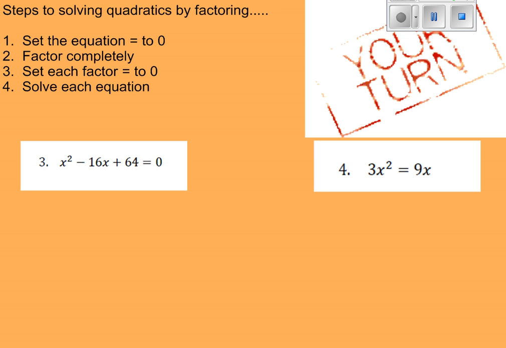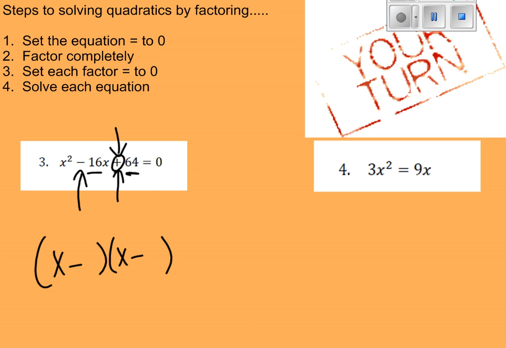So let's take a look at this one. x squared minus 16x plus 64. This plus right here tells me my answer is going to be x minus something and x minus something. This tells me that it's the same. This tells me what it is. So it's x minus something, x minus something. Now, what multiplies to 64 but adds to 16?